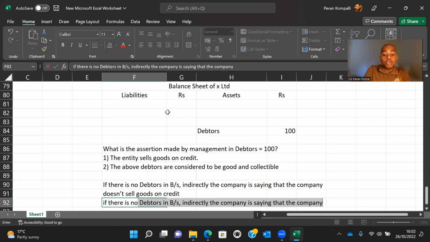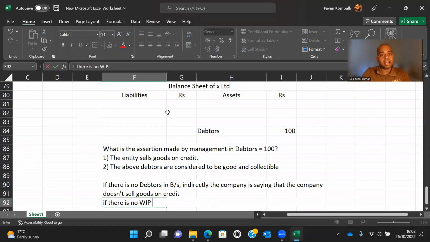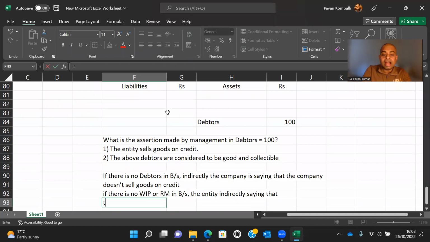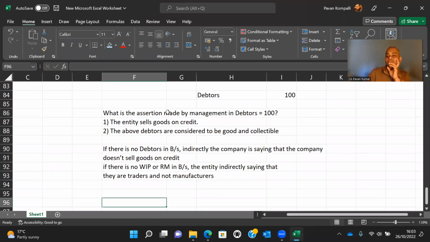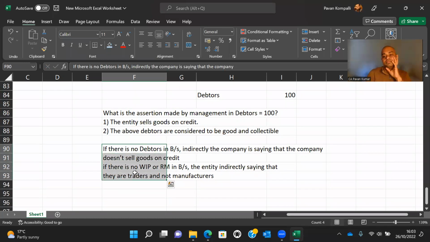If there is no work in progress or raw materials in balance sheet, the entity is indirectly saying that they are traders and not manufacturers. Obviously, these are negative assertions.